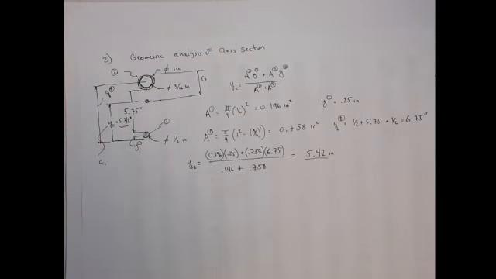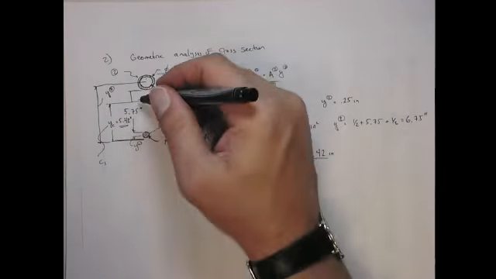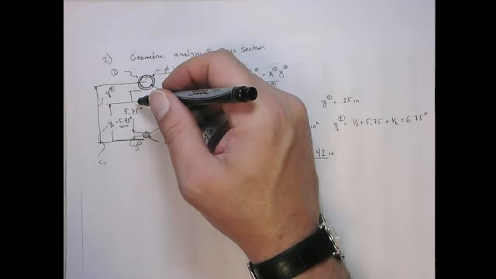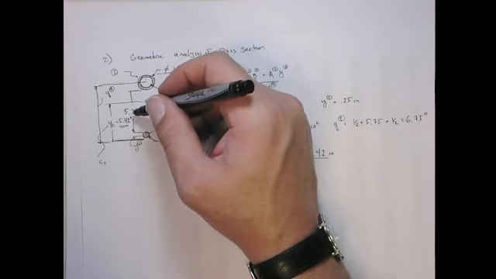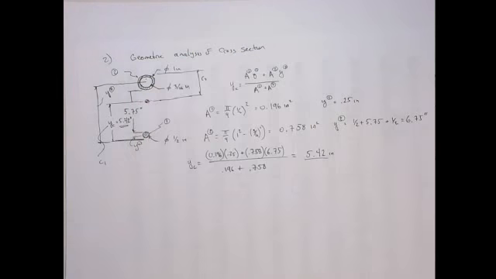That's going to be, well, this distance here is 6.25 minus that, right? 6.25 minus.